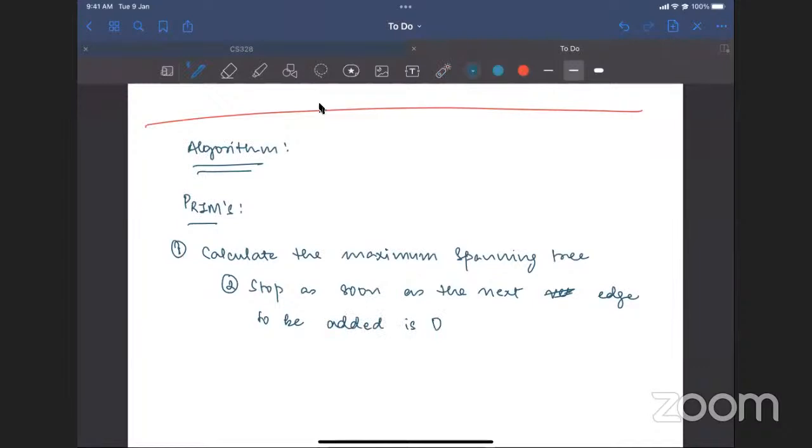I mean, if for all the possible edges that you can add, the best is 0, then you just stop. You do not build your tree further.